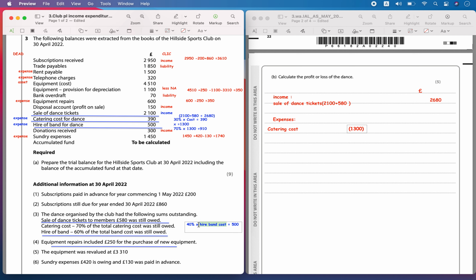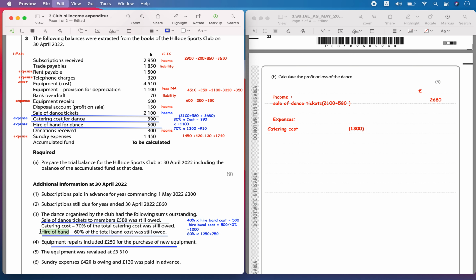So the hire of band cost is 500 divided by 40 percentage, that is 500 divided by 40 times 100, so it will be 1250. And 60 percentage of 1250, which is still owed, is 750.